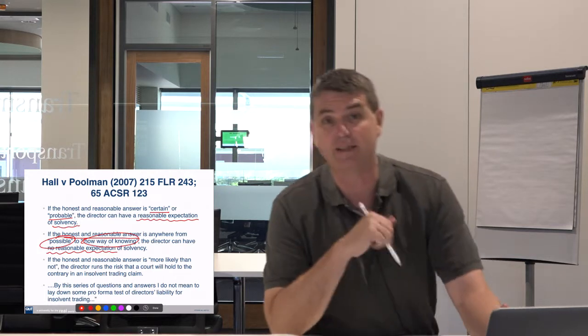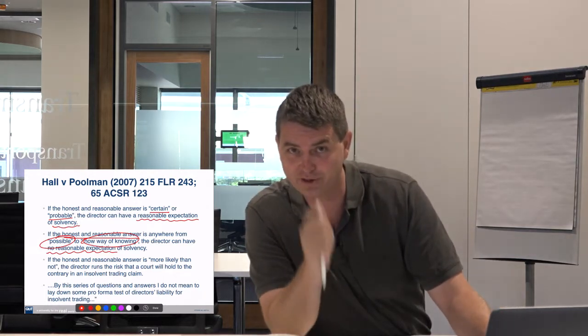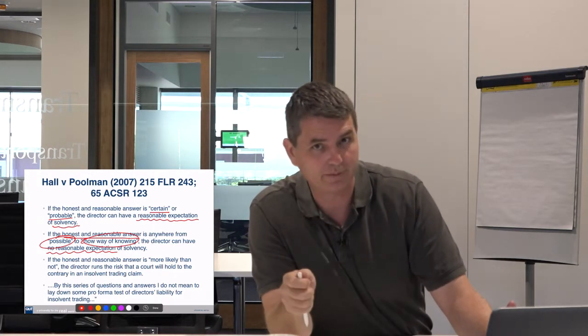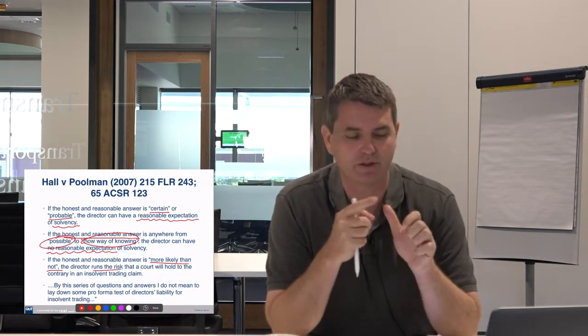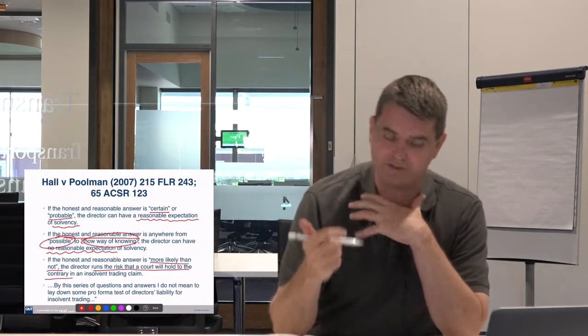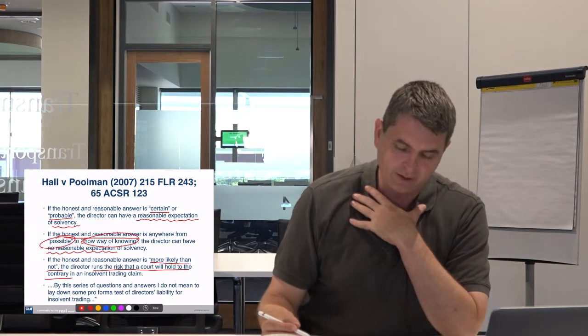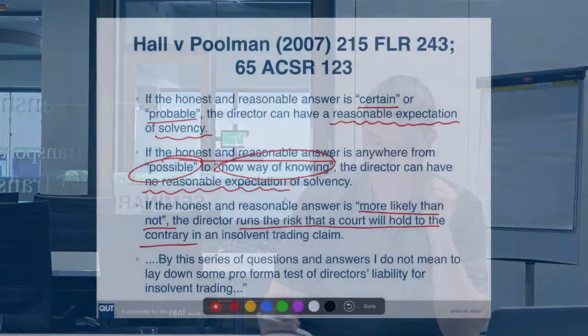Okay, so what's he saying? He's saying you're taking a risk, right? Because it's not certain and it's not probable. Okay, so the only way you can have a reasonable expectation of solvency is if it's certain or probable that you'll be able to pay your debts as and when they fall due. So notice that the expectation is on the director to be pretty sure that they're able to pay the debts.